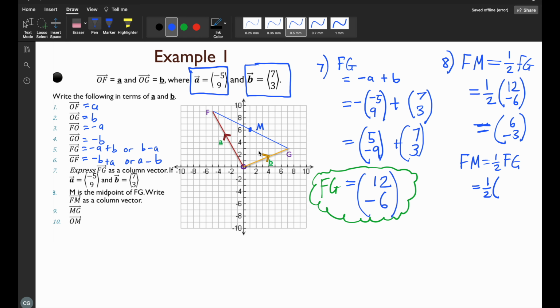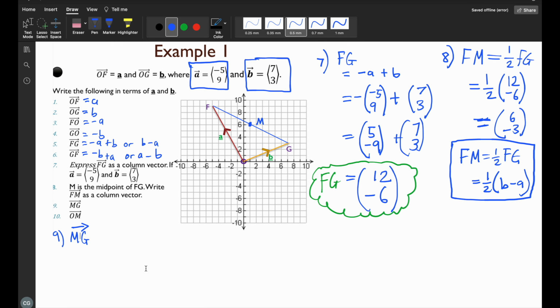So I'm going to put half of B minus A. I could have put half of minus A plus B. And this is my expression for it if I was doing it in the form of letters. And right here is my expression for it in the form of a column vector, which is what we were looking at. Okay? So take this down, and then we'll go through 9 and 10 together.